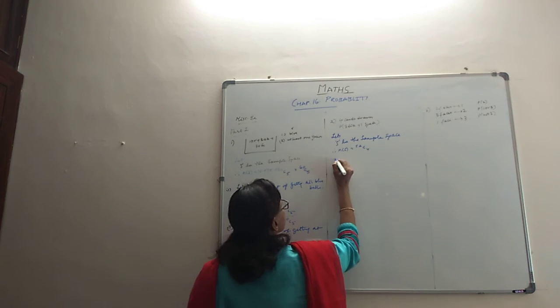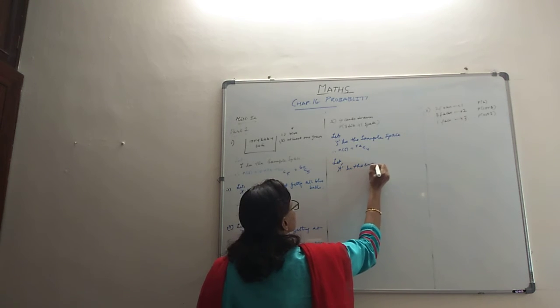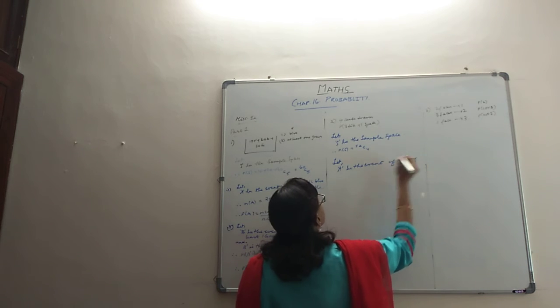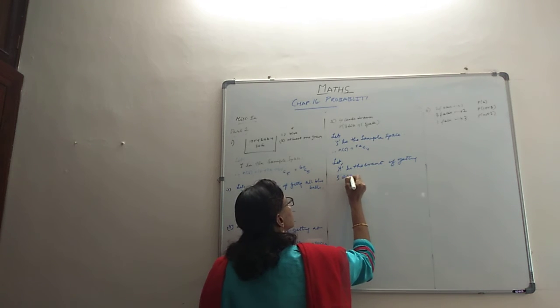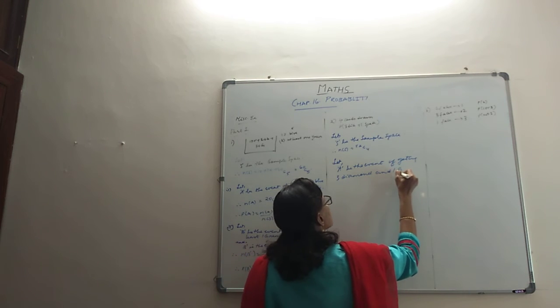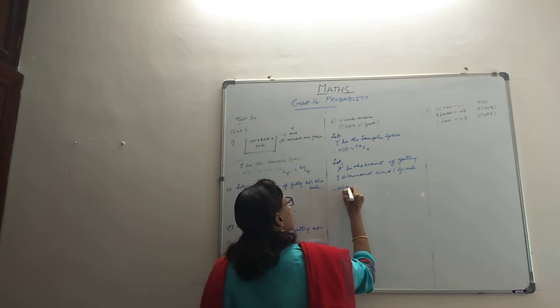And let A be the event of getting 3 diamonds and 1 spade.